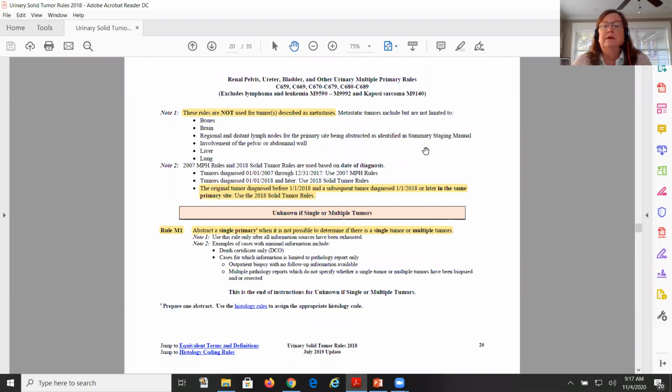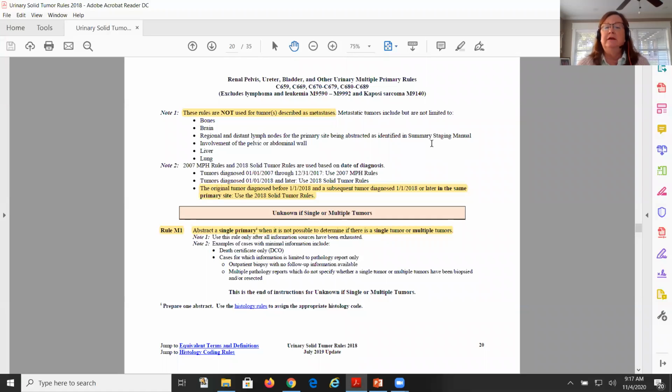So now we're going to move right into our discussion of the multiple primary rules. These rules are not used for tumors described as METs, and the timing for these rules is for cases diagnosed 1/1/18 going forward.